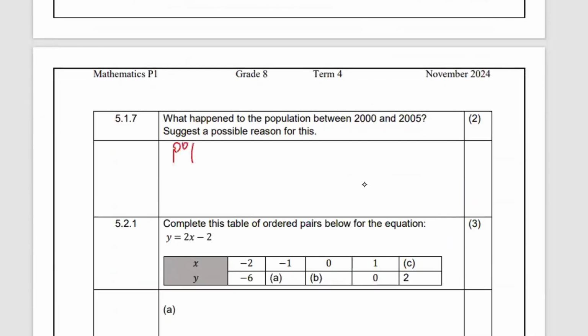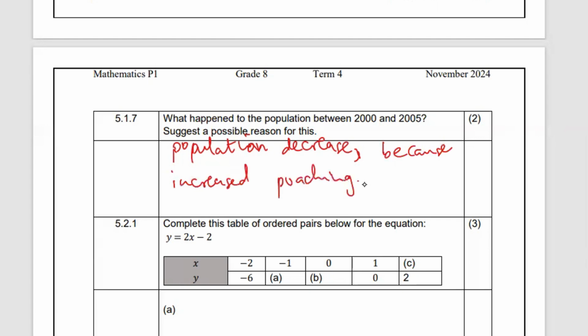That is one. So population decreased, and then they want us to give a reason. So possible reasons why game park animals like the rhinos decrease is because of poaching. Okay. Probably there was increased poaching of the rhinos.